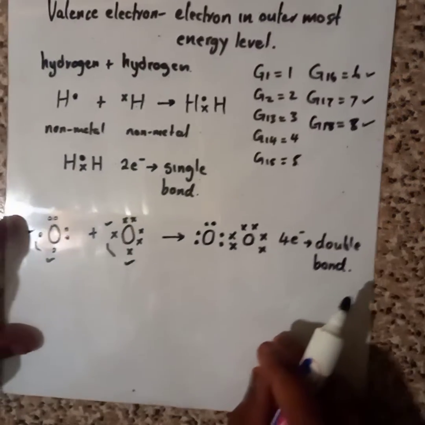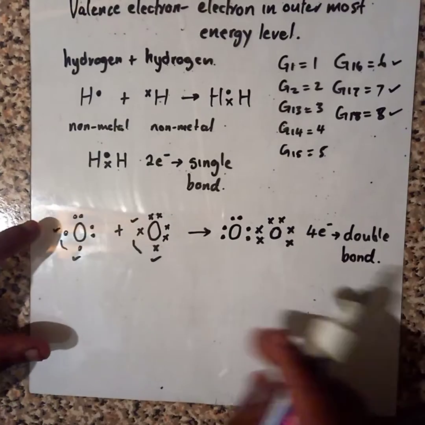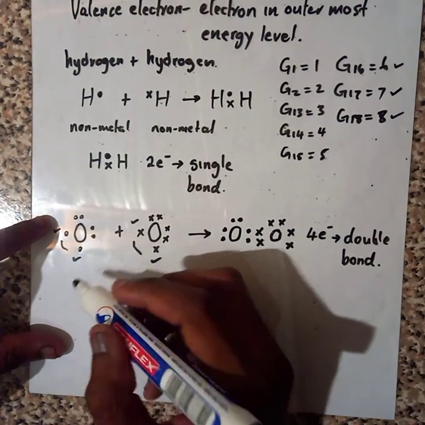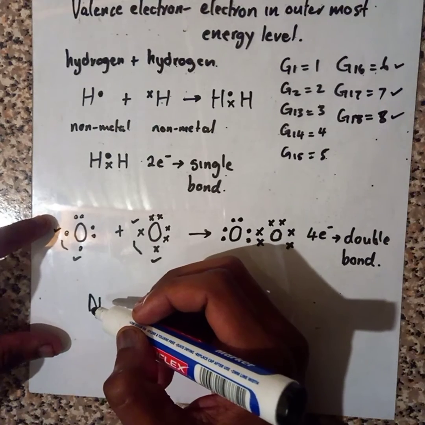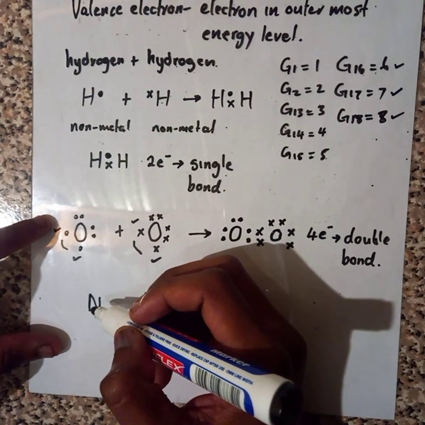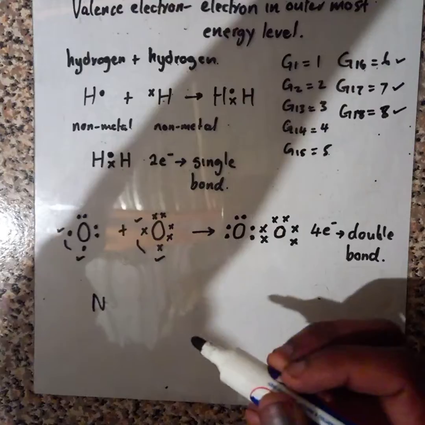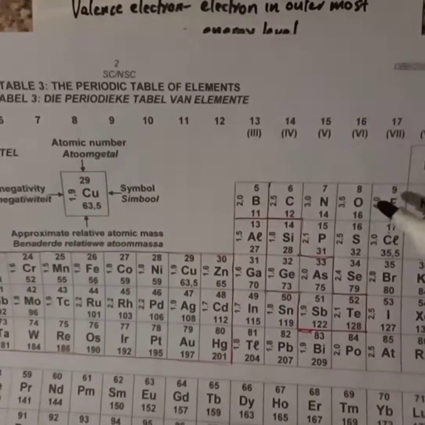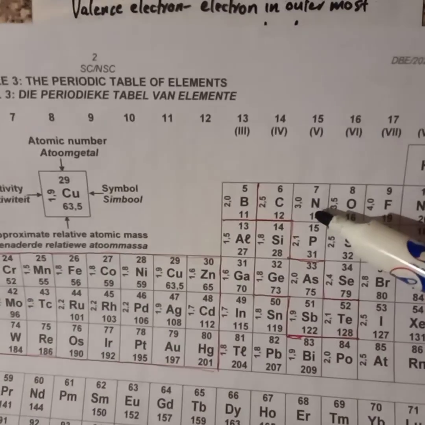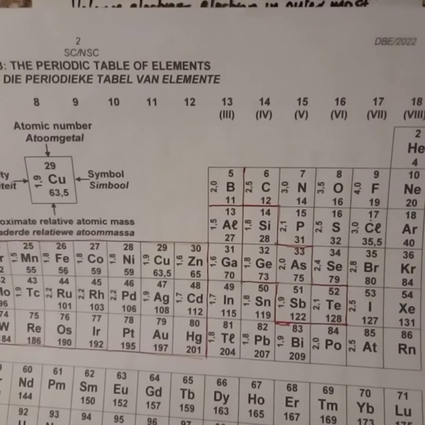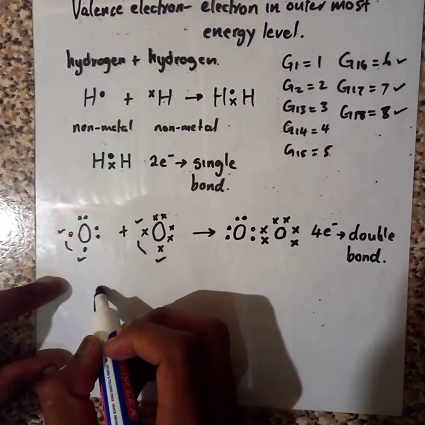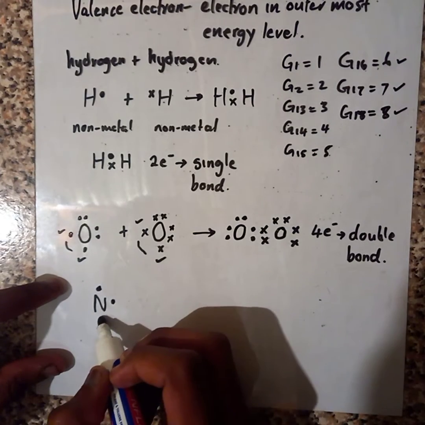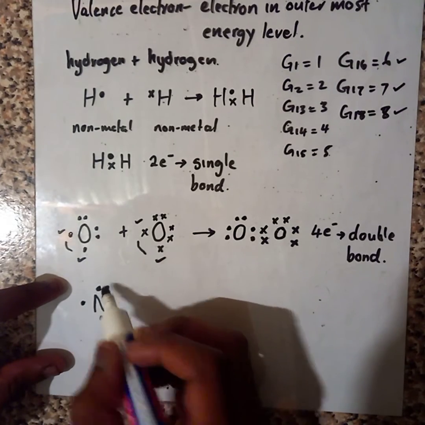And now let us consider nitrogen. Nitrogen is situated in group number 15. Then it's going to have 5 in the outermost: 1, 2, 3, 4, 5.